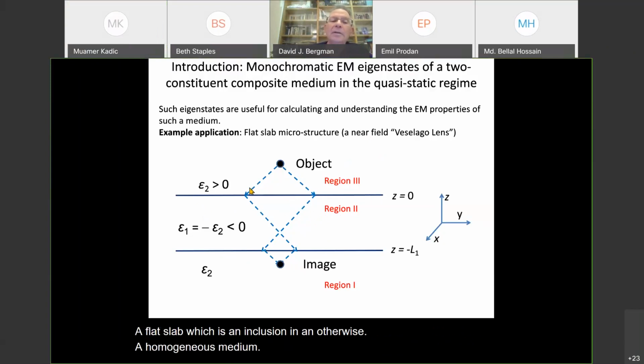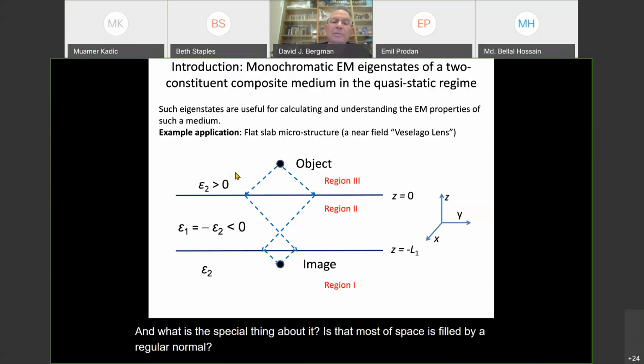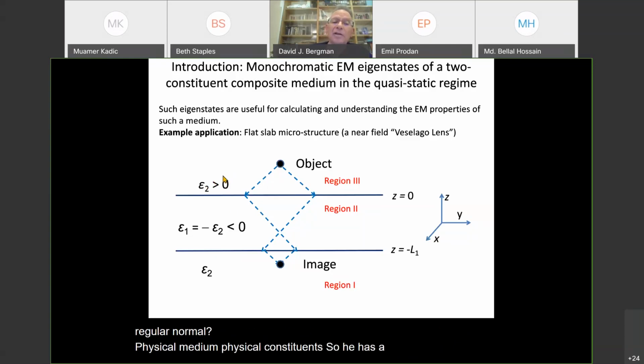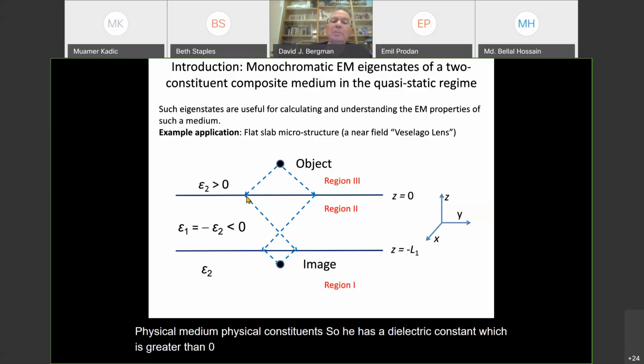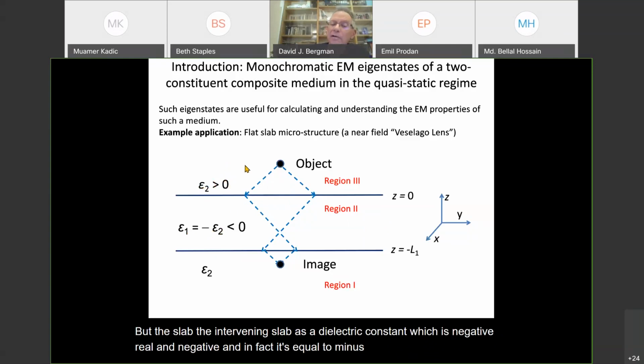And the special thing about it is that most of space is filled by a regular, normal physical constituent. So it has a dielectric constant which is greater than zero, real and positive. But the intervening slab has a dielectric constant which is real and negative. In fact, it's equal to minus epsilon of the rest of space.